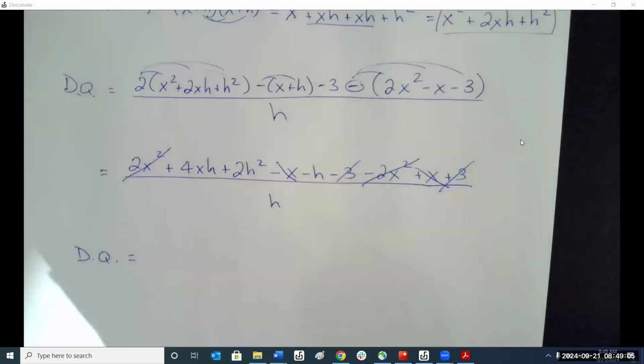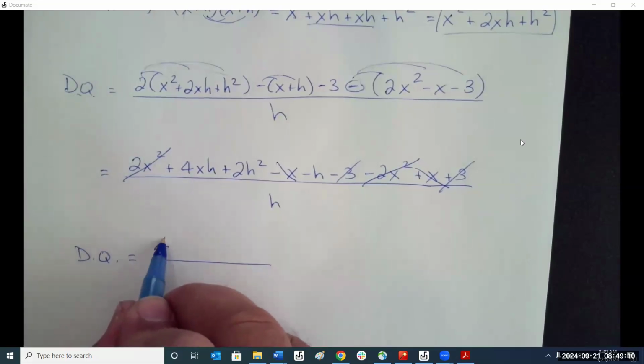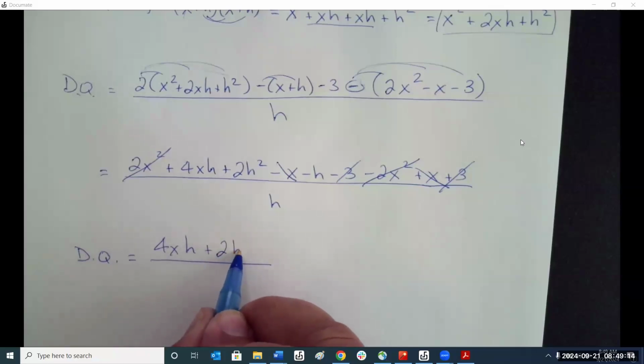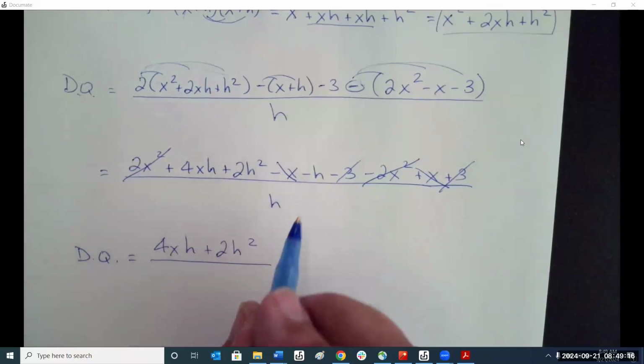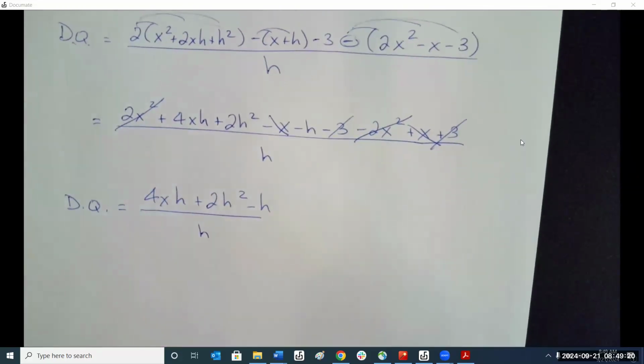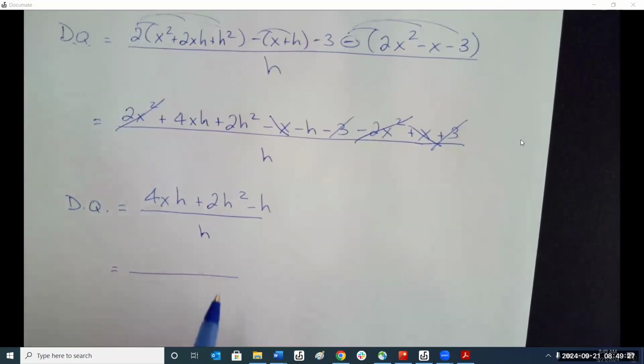So just as fast as it exploded, now it shrinks. We have 4xh plus 2h squared minus h over h. Don't cancel anything yet.